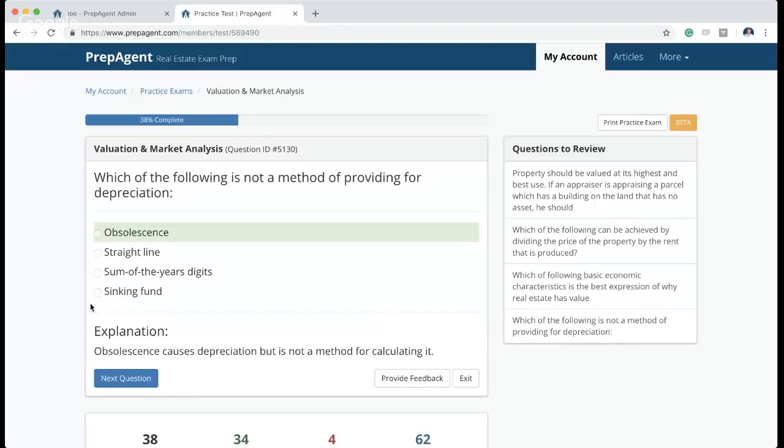A, obsolescence. Obsolescence is a cause for depreciation, not a method of calculating it. Good.